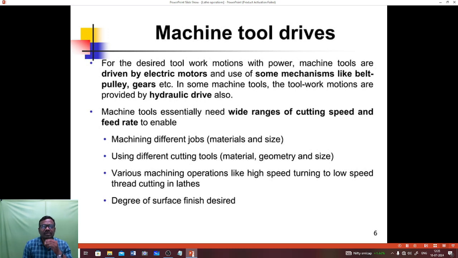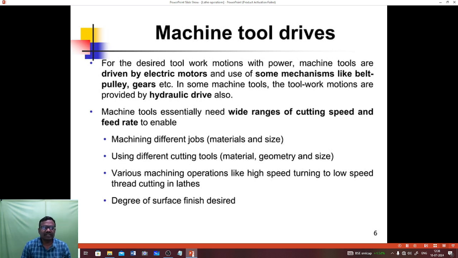So, machine tool drives. For the desired tool work motions with power, machine tools are driven by electric motors and use of some mechanisms like belt, pulley, gears, etc. In some machine tools, the tool work motions are provided by hydraulic drive also.